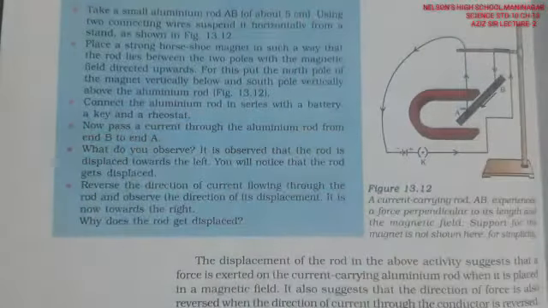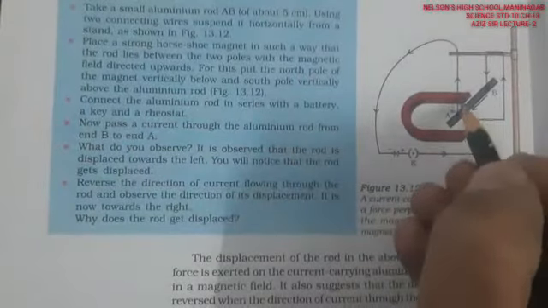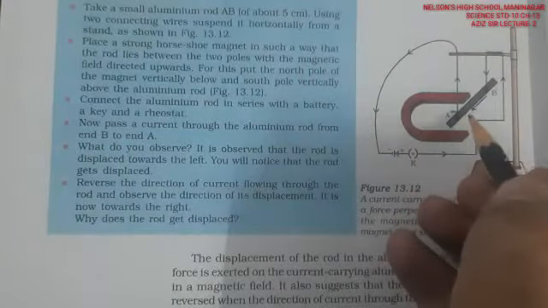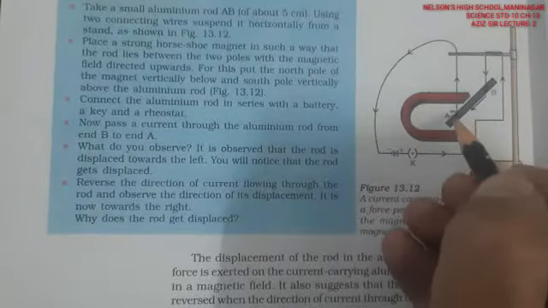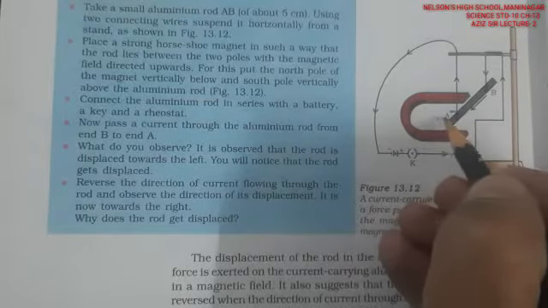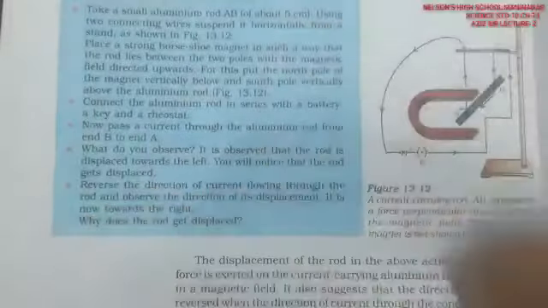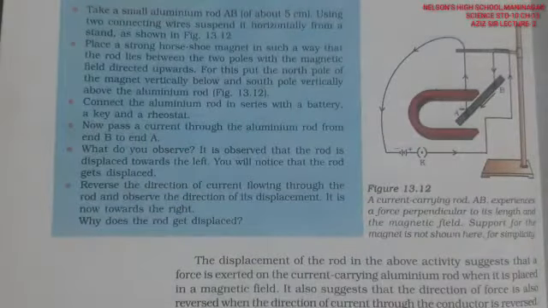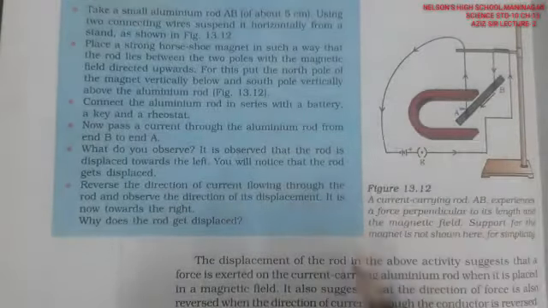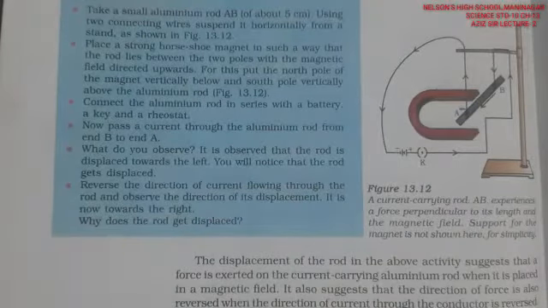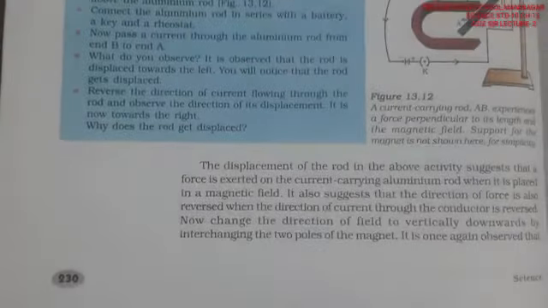Due to the current passing in this particular direction, the magnetic force is created in this particular direction. Fine, so this is the right hand rule by which you may see the direction of the force being exerted.